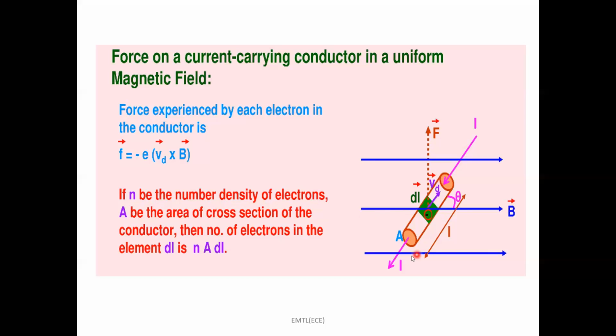That means there is a huge number of electrons. The area of cross section of this cylinder is taken as capital A.